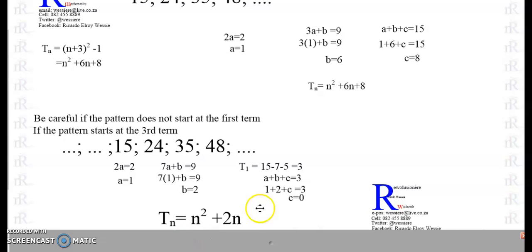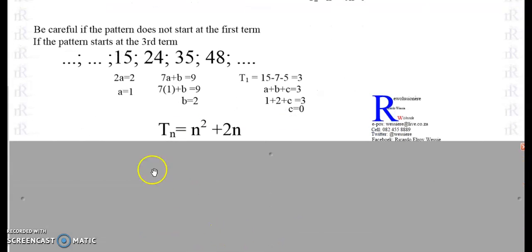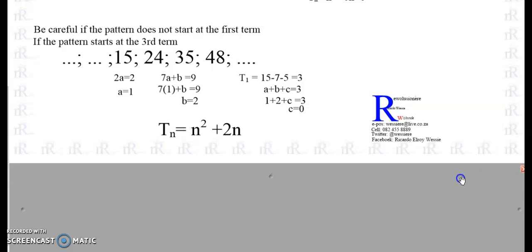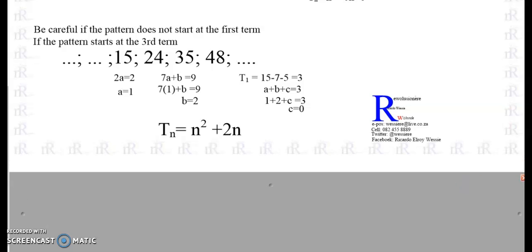But I could have calculated this also without using this information. I notice that the general term will be quadratic. I notice that this is 16 minus 1, this is 25 minus 1. So I could go about it in that manner as well.